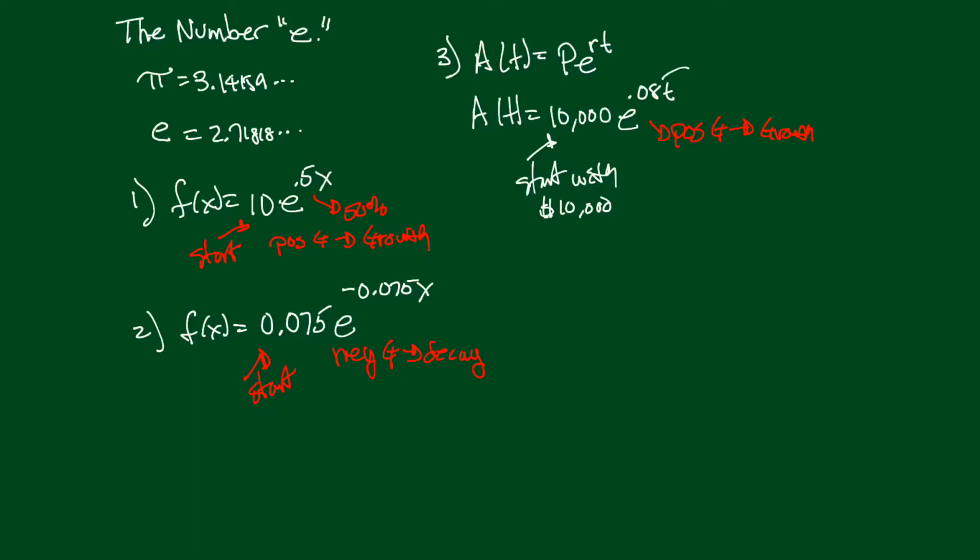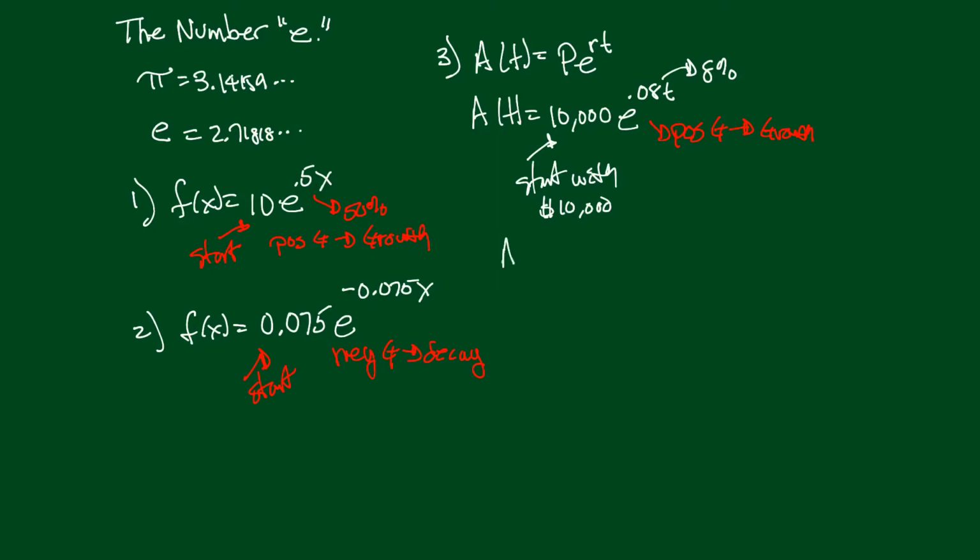Well, that's 8%. And that 8% is compounded continuously. It's not compounded annually or quarterly or daily. So you start with $10,000 and you're growing at 8% compounded continuously.